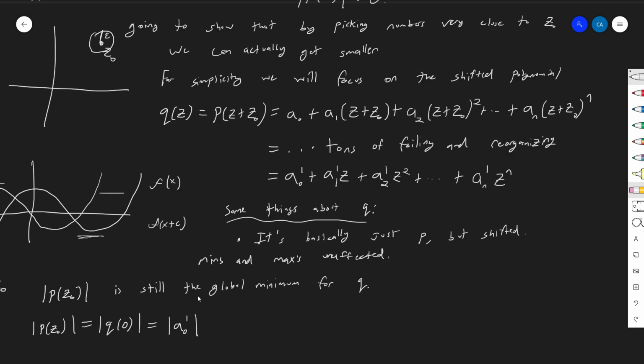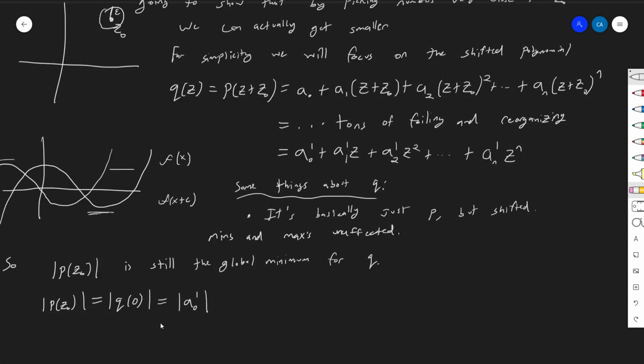And so this a0 prime here is our global minimum. It's P of Z0's guy. So specifically then, a0 prime, by our assumption that we're trying to contradict, is greater than 0, since it equals P of Z0. And we're assuming that's greater than 0.